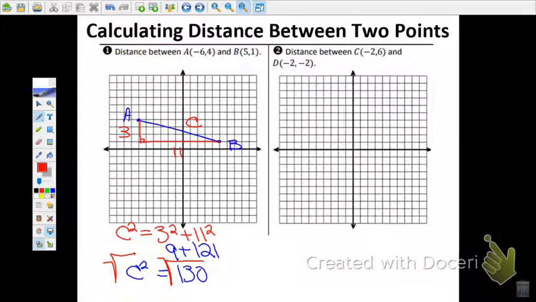What is a perfect square that goes into 130? 25 does not go into it. Neither of those are perfect squares. You have been shown 2 different ways to simplify radicals.